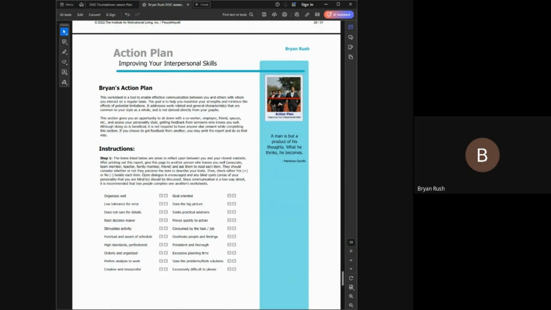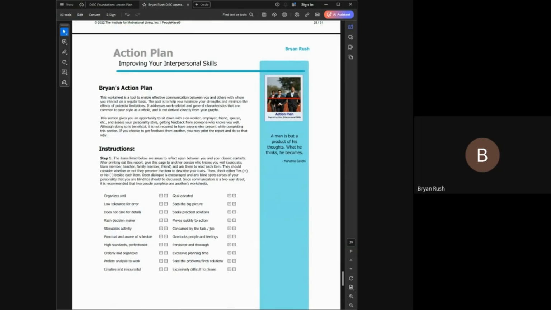Yes or no? So for organized, you would put a check mark by positive or negative. Overlooks people and feelings, you would put a check mark by positive or negative. And so you identify these things. Okay, this is how I think I'm showing up. And it is something that other people can have input on so they can tell you how you're showing up.